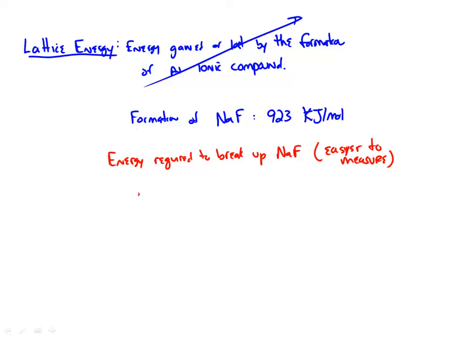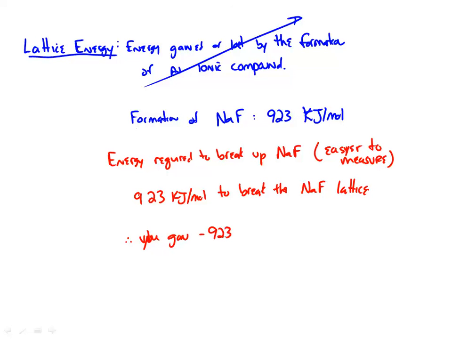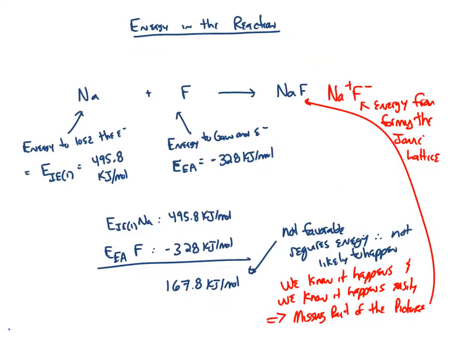So it requires 923 kilojoules per mole to break the NaF lattice. Therefore, you gain minus 923 kilojoules per mole forming the lattice. So if we go back 2 slides and throw in a minus 923 kilojoules per mole here, then the end result is very negative, therefore very likely to occur.